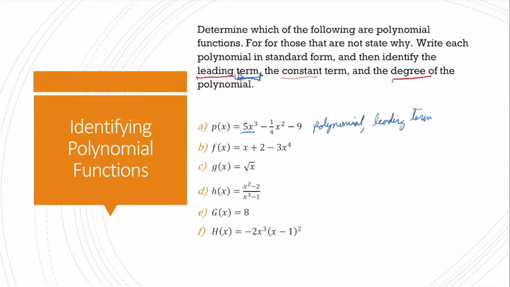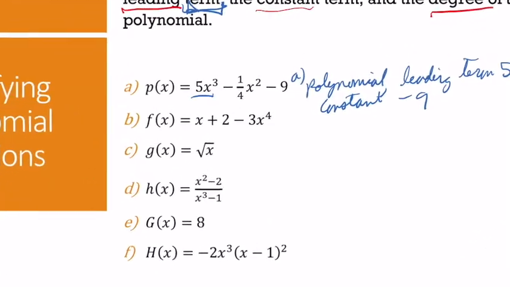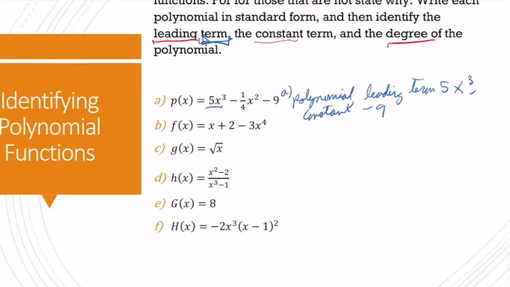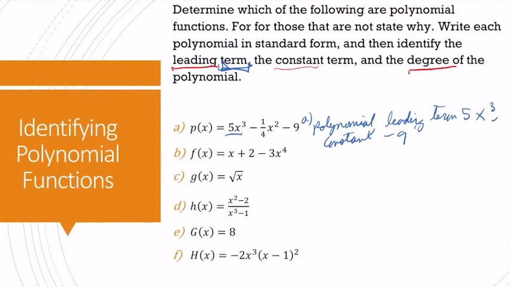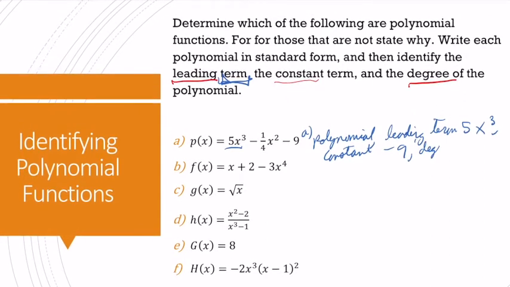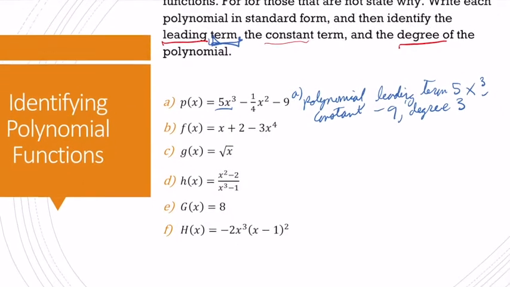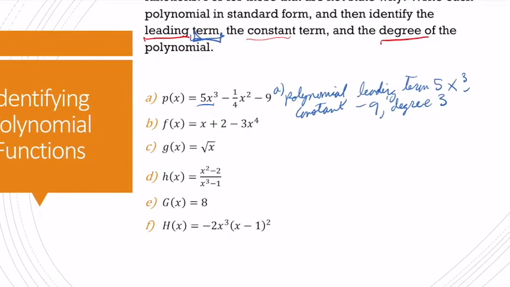So our leading term is 5x cubed. Our constant is -9. And our degree is 3. It's already written in standard form because it goes from largest degree to smallest degree.